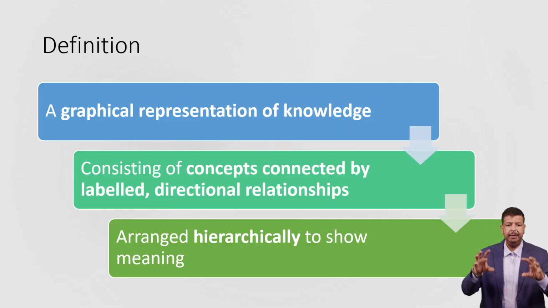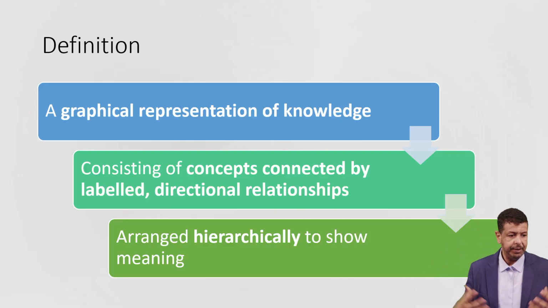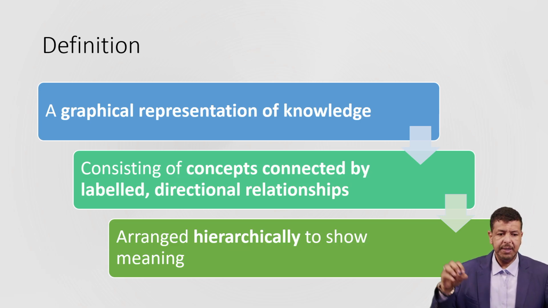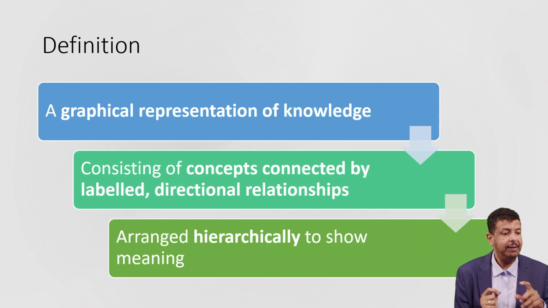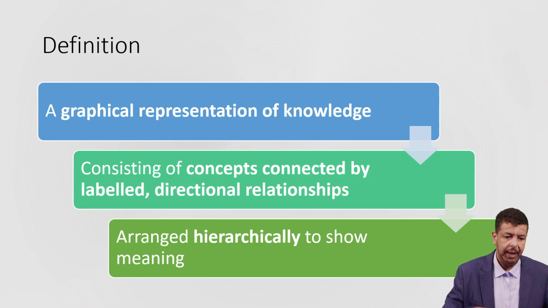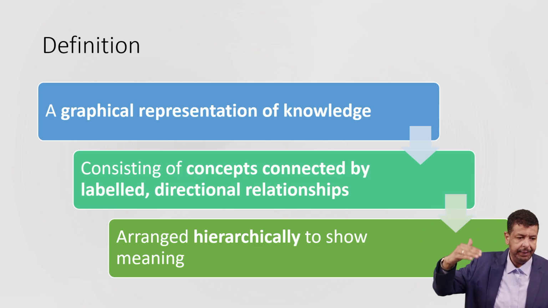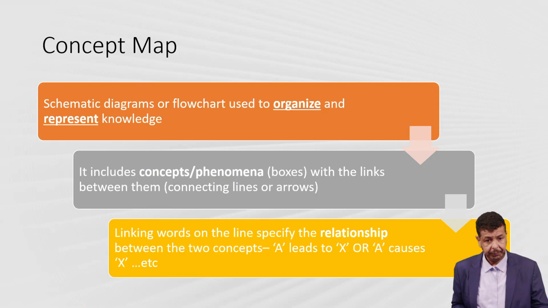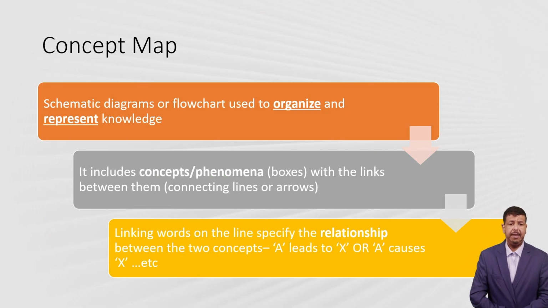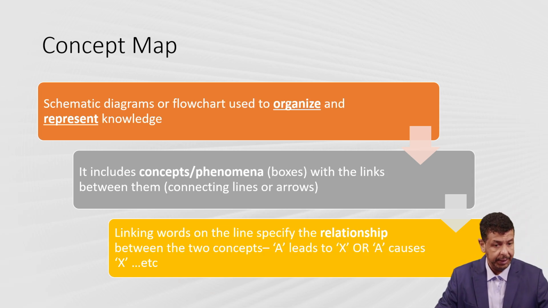So what is the concept map? It is a graphical representation of knowledge. It consists of concepts connected by labels and directional relationships and arranged hierarchically to show meaning. So it is a systematic diagram or flowchart used to organize and represent knowledge.